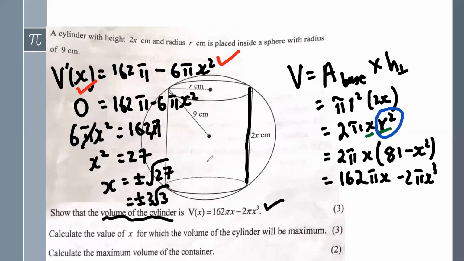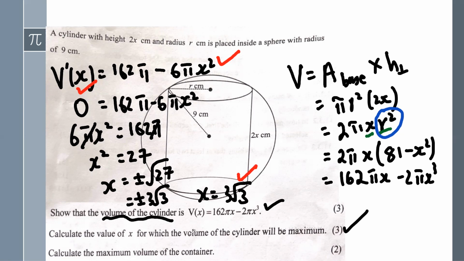And obviously, because we're talking volume here, we don't expect a negative measure, so we will actually take the positive 3 root 3 there. Okay. Positive 3 root 3, apologies there. And then, yeah, just like that, we have calculated the value, and so your third mark will come from that.